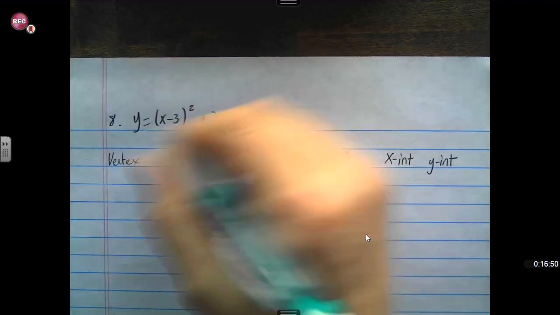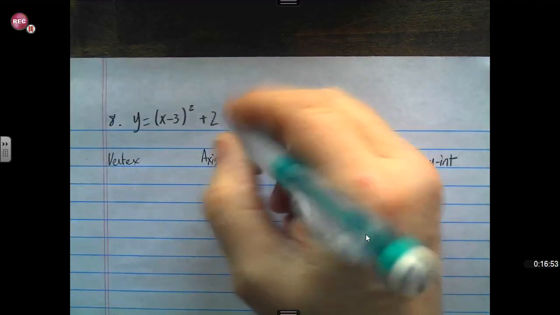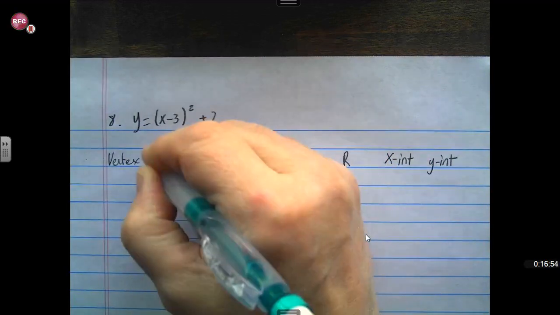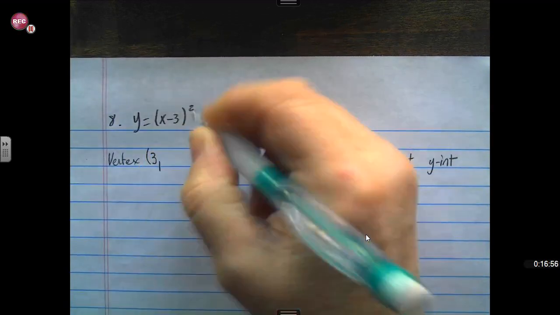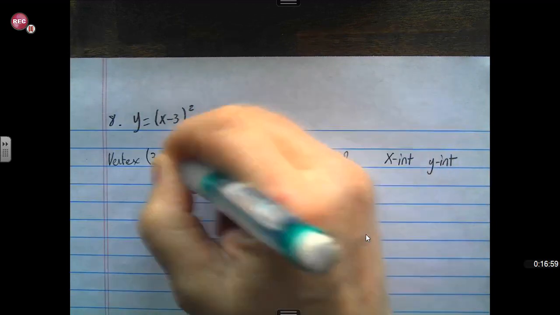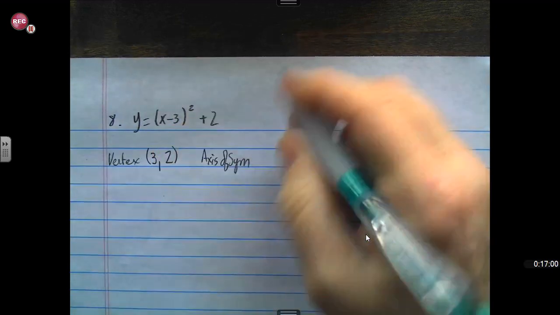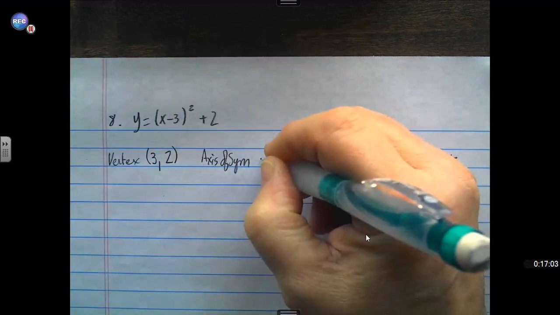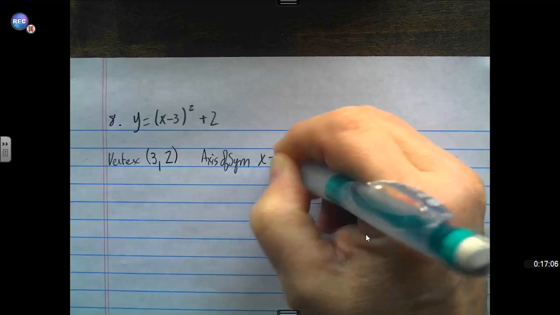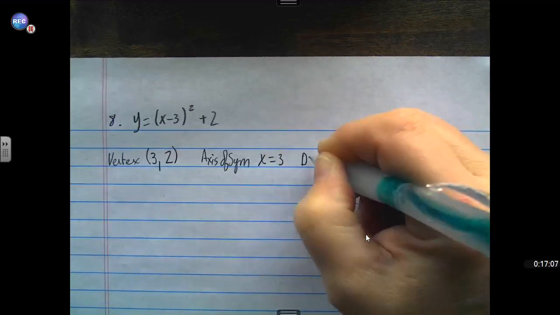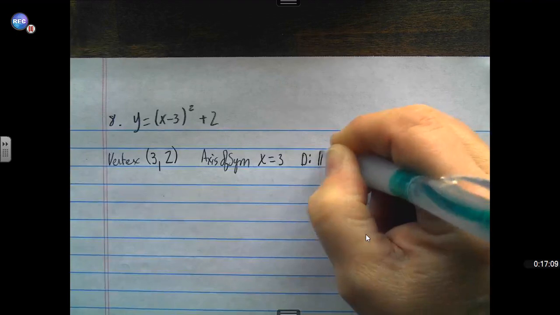Okay. And so the vertex, we're in vertex or graphing form, so it's the opposite of what's with the x, and the same as what's for the y over here. The axis of symmetry is the equation for a vertical line, x equals 3. The domain is all real numbers.